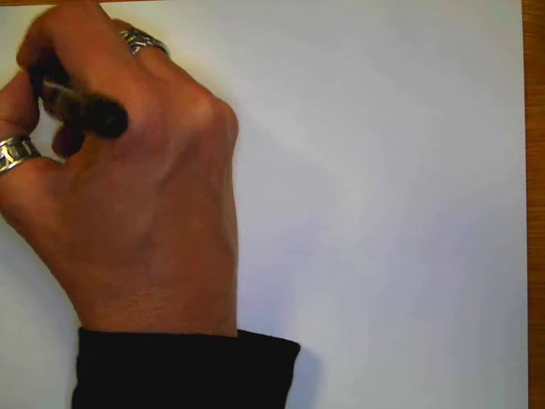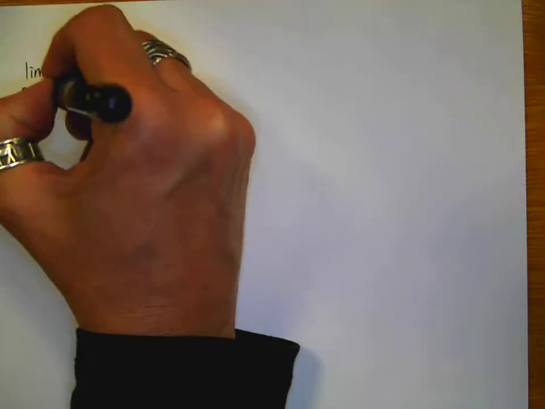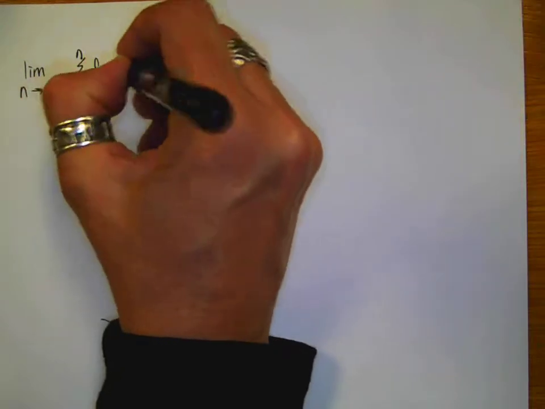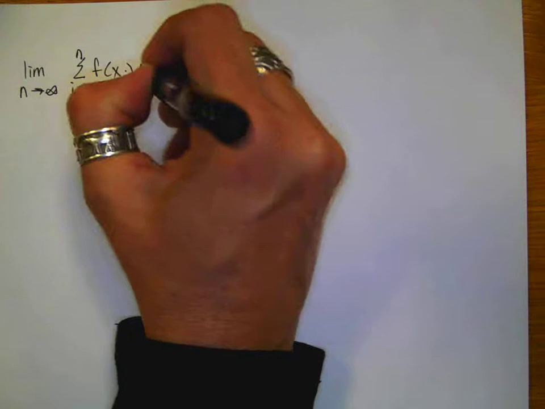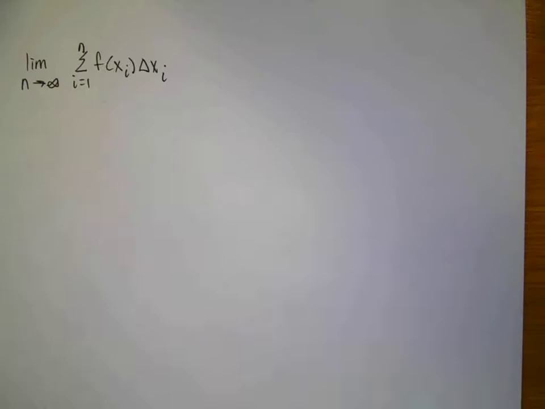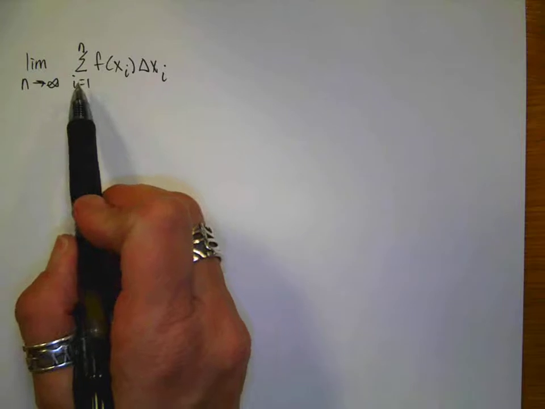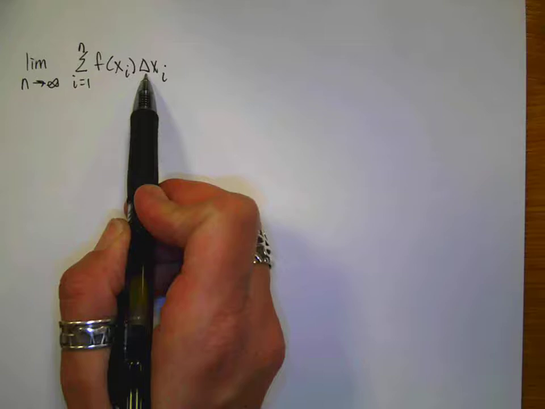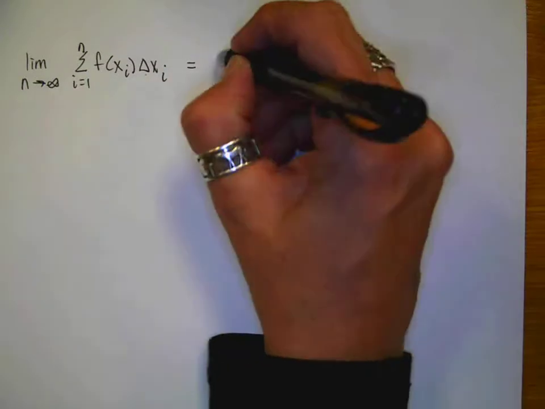All right, so in this section, the next thing that they want you to understand is that if I write the limit as n approaches infinity of the sum from i equals 1 to n of f of x sub i times delta x sub i, notice that's calculating the area under the curve by summing all of the heights and the widths of the rectangles.